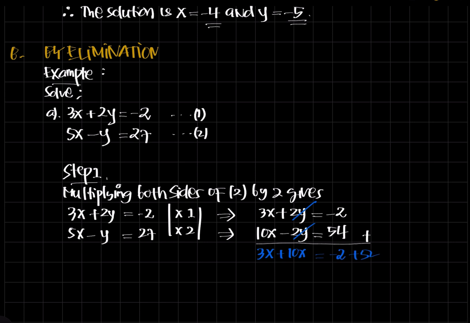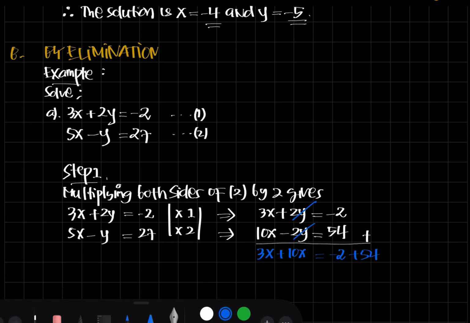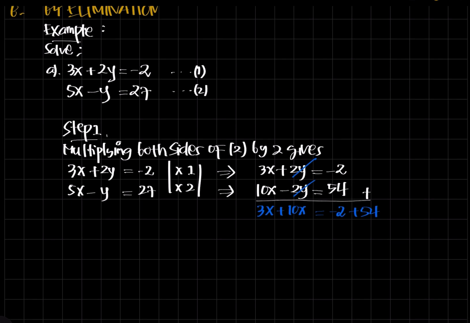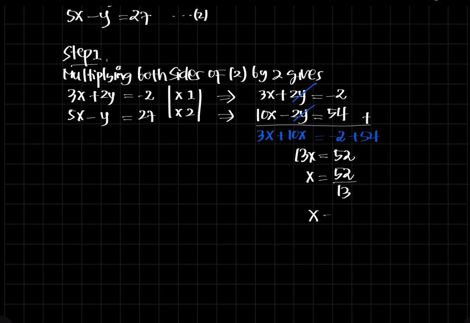Okay, then the next step, this is 13x equals 52. 52 divided by 13, so x is 4. So we got x equals 4.